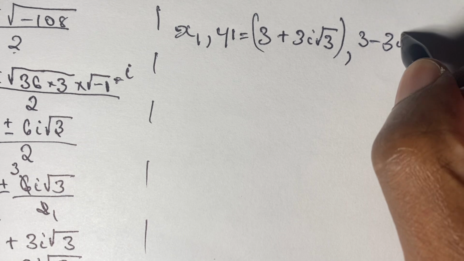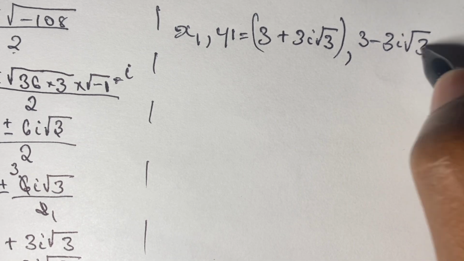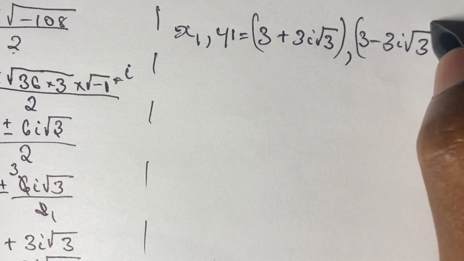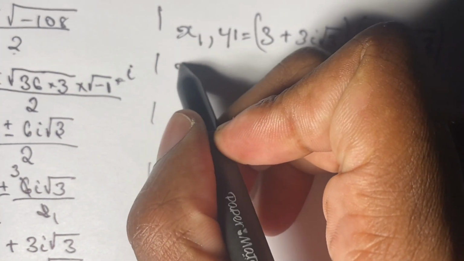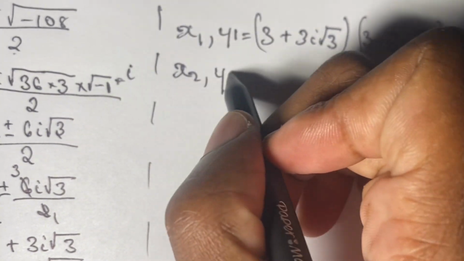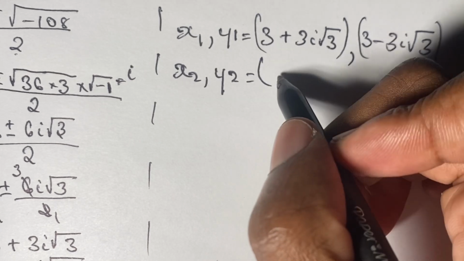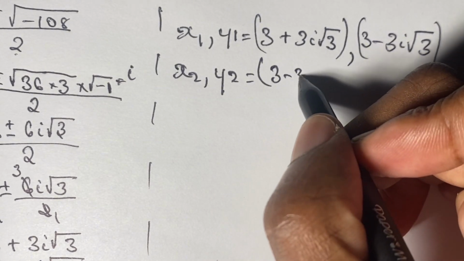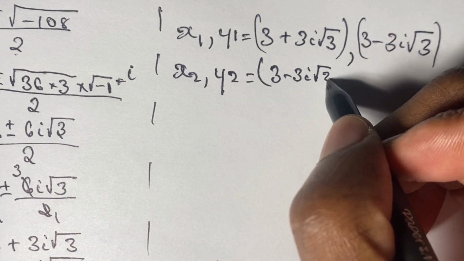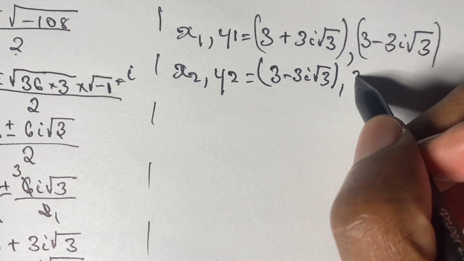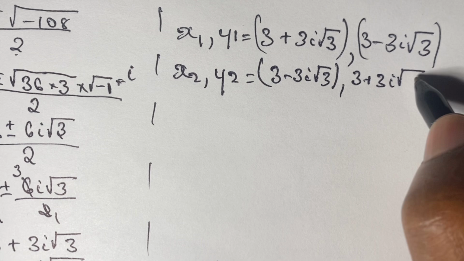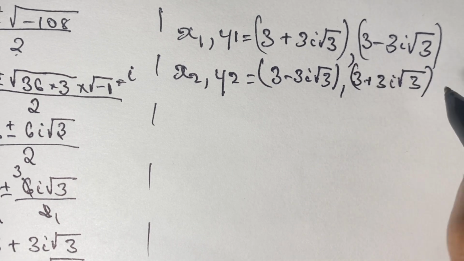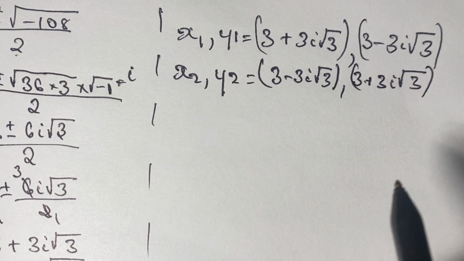So the first solution of y is 3 minus 3 times i times the square root of 3. And for the second solution for x and y, we have x2, y2, with x2 as 3 minus 3i times the square root of 3, and we put that in brackets just the same. And for y2 we will have 3 plus 3 times i times the square root of 3. Alright, so these are our solutions.